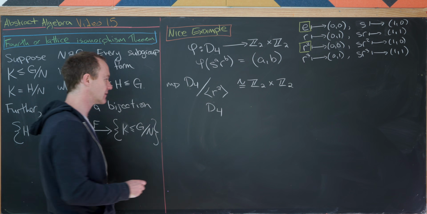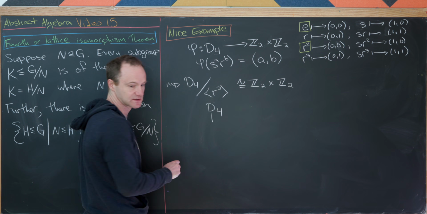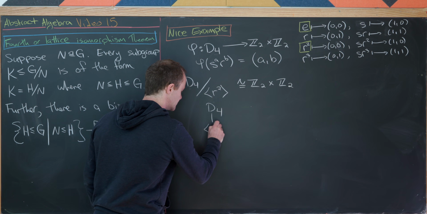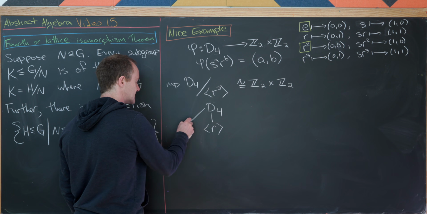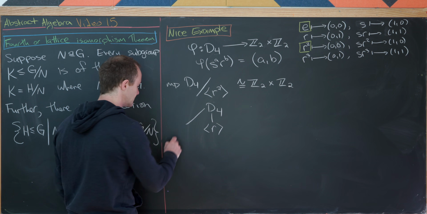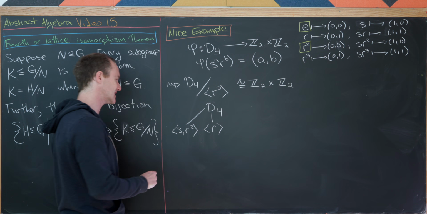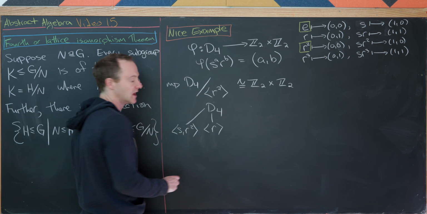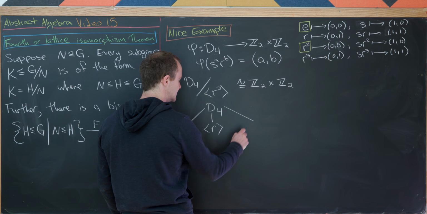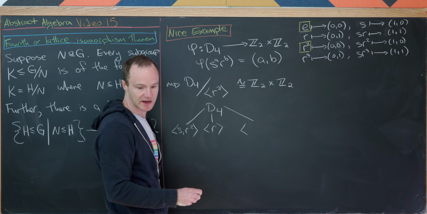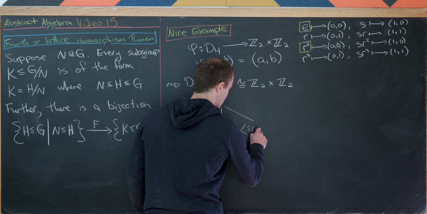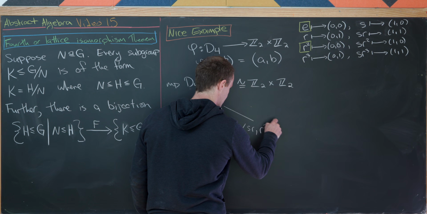We've got 3 subgroups with 4 elements. We have this cyclic subgroup generated by R, so that's a subgroup with 4 elements. We have a subgroup generated by S and R squared. That's like a copy of D2. And then we've got another copy of D2 over here, which is generated by SR and R squared.